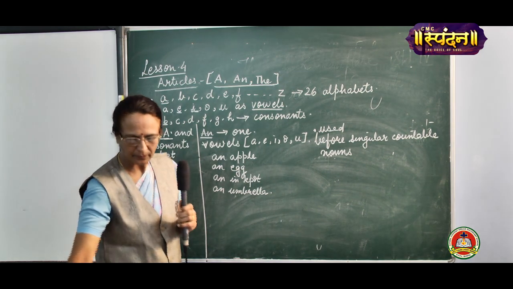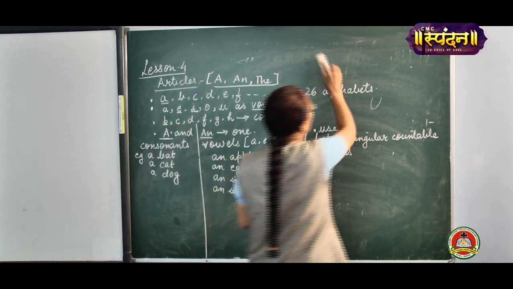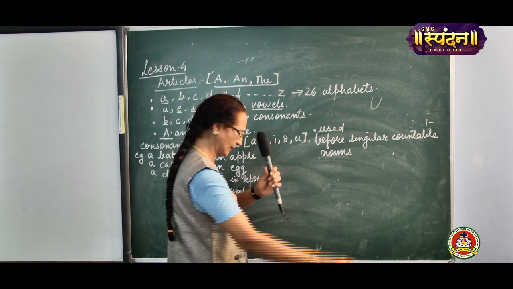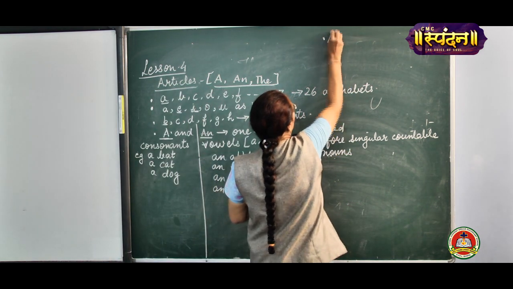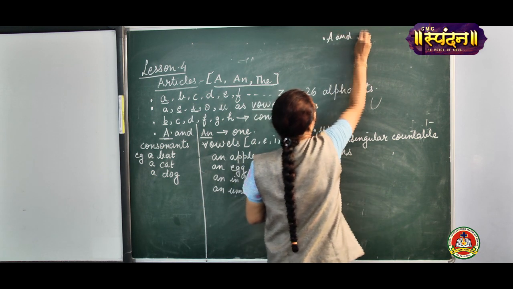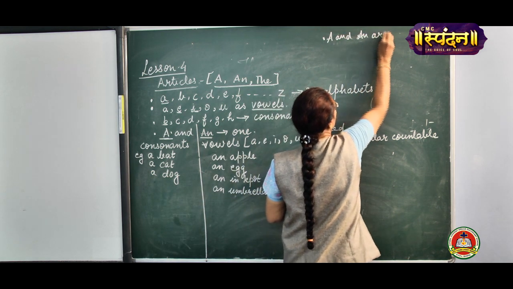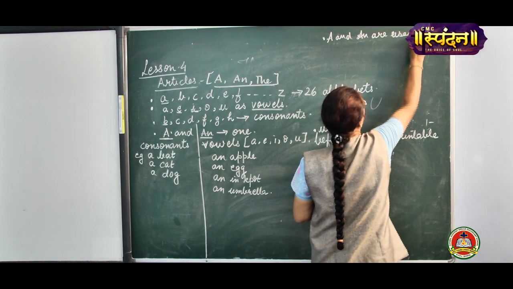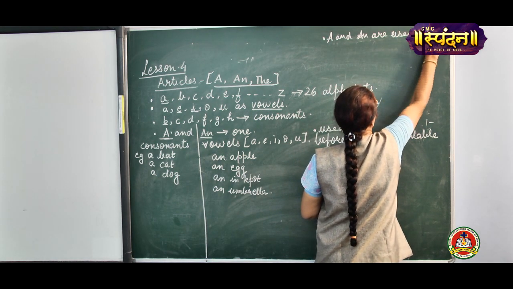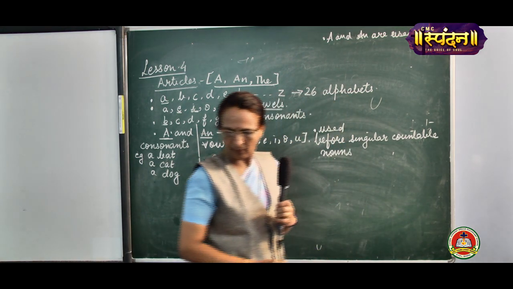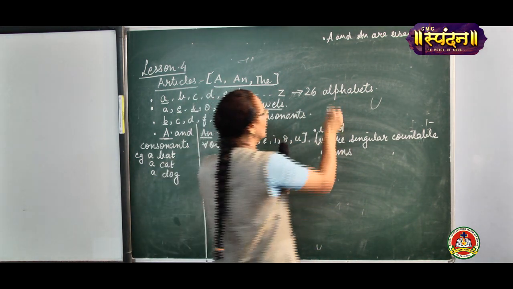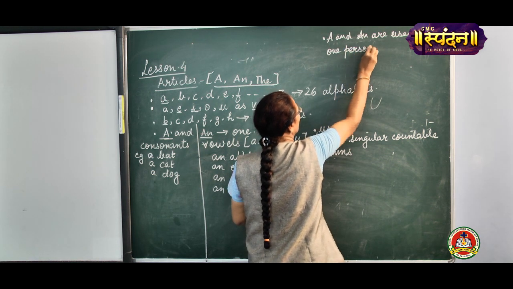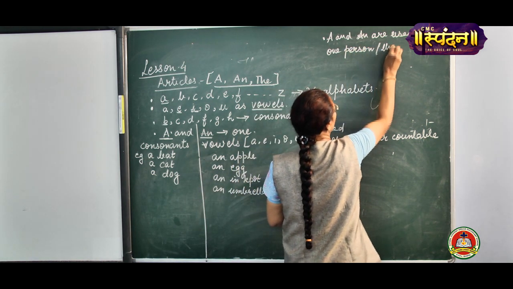Now, we will mark here some important points. A and an are used before one person or thing.